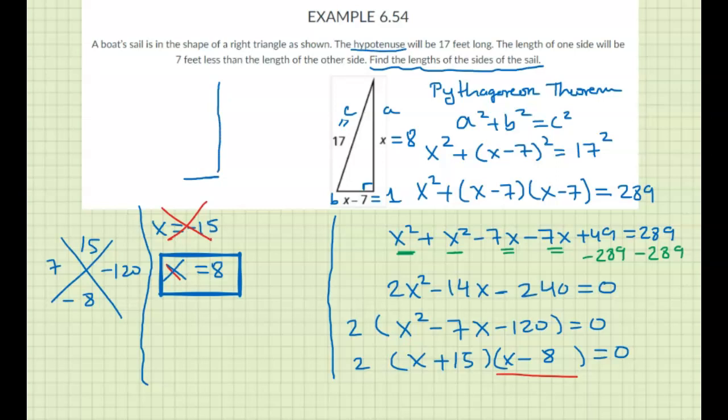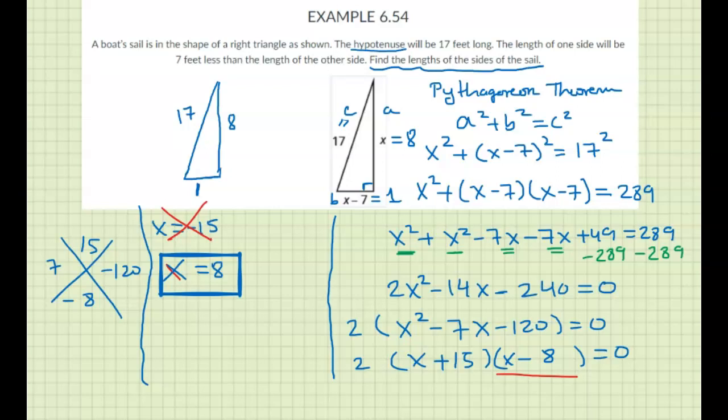We have this, and then we have this. So we have 17 and 8 and 1. And I don't think that makes sense. Let's see.